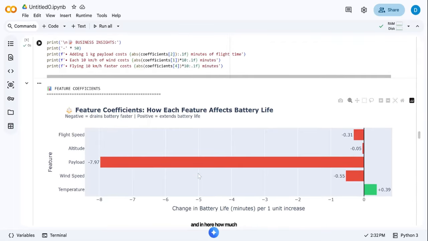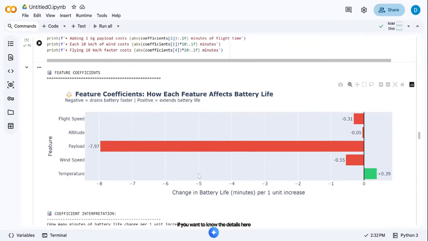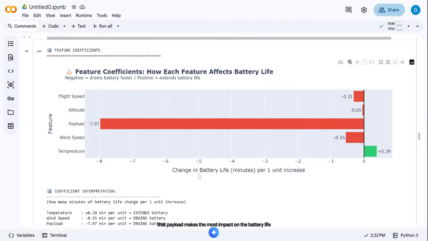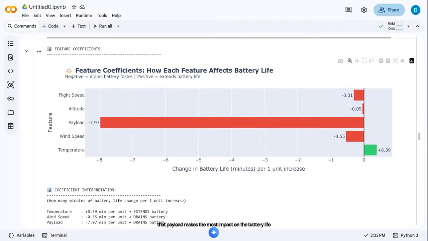And here, how each feature affects battery life. If you want to know the details, you will be able to see that payload makes the most impact on battery life. One unit change in the factor will have a 1 minute impact. So for 1 unit of payload, I guess it's a kilogram, there will be a 1 minute time difference.